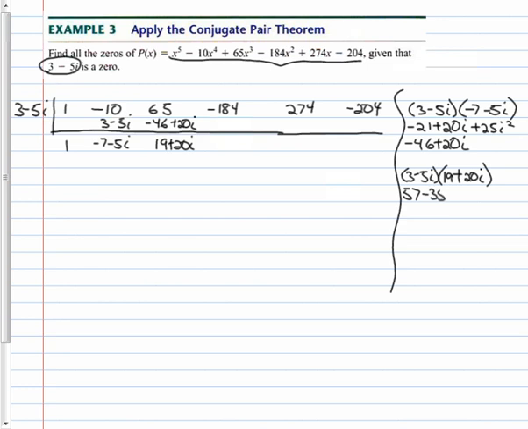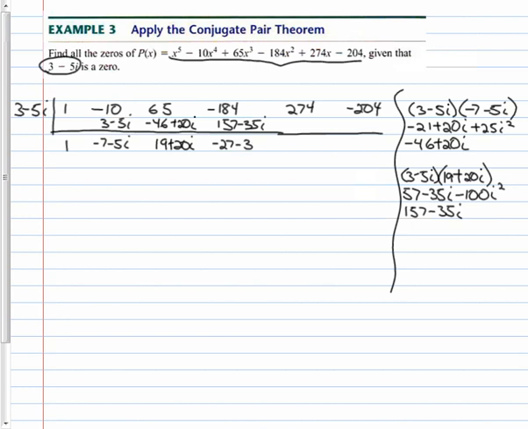Last terms would be a negative 100i squared. So that's plus 100. What's 57 plus 100? 157 minus 35i. What's negative 184 plus 157? Negative 27. Is that right?